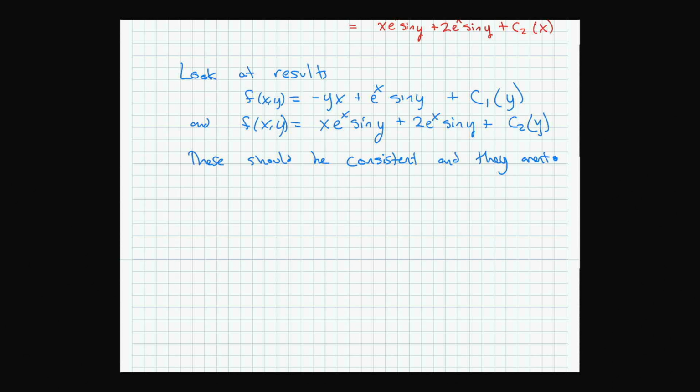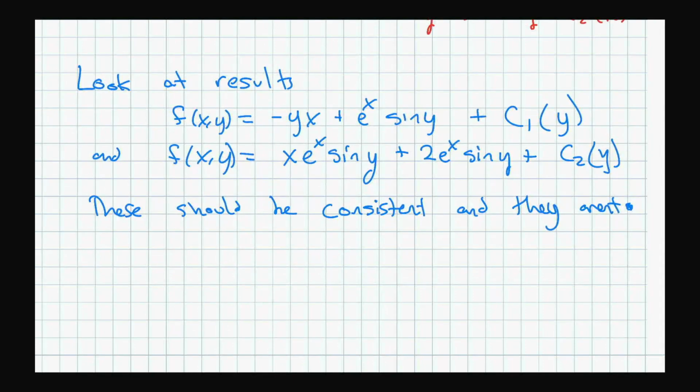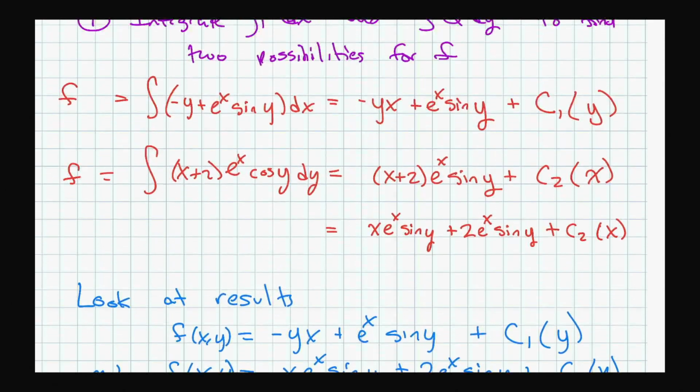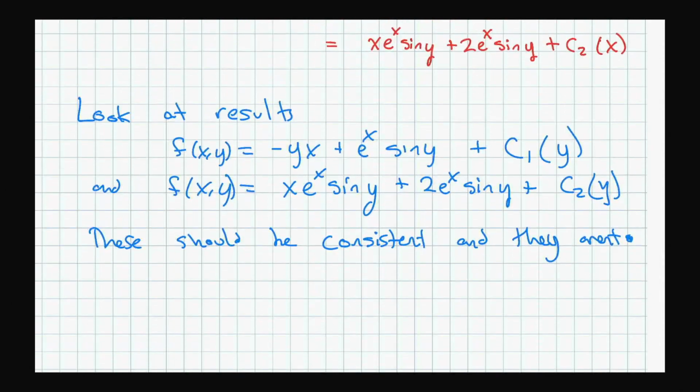So here's why they aren't. So some of the terms are in both of these, right? Wait, did I write this properly? X e to the x, e to the x. Yeah, actually none of them are here.